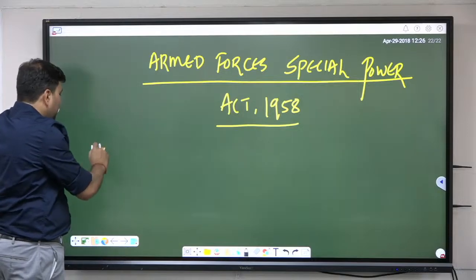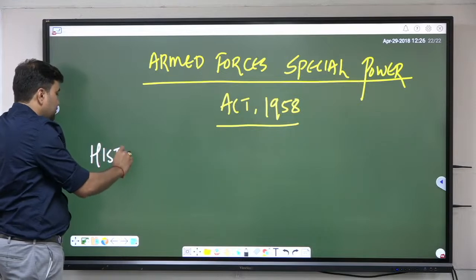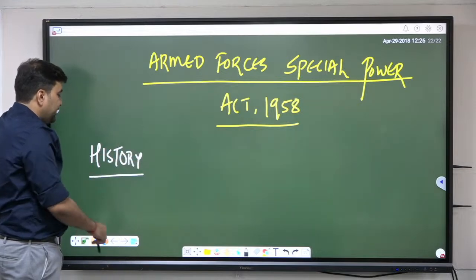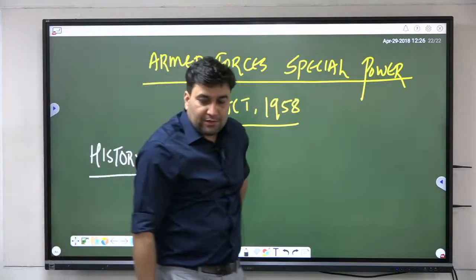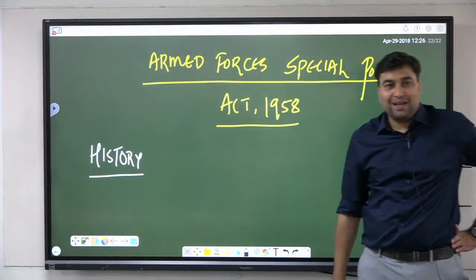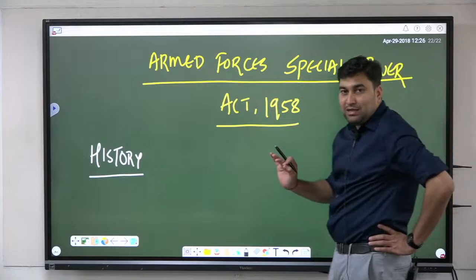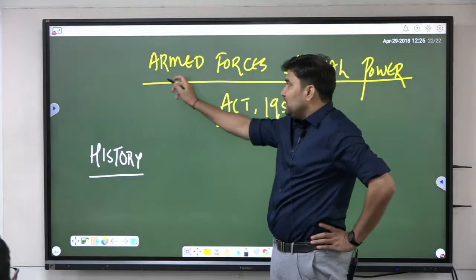You can write history as the first point, and then I'll write the aim and objective. Okay. So what is the history of this act? Armed forces, look at the name, read the name. Which are the armed forces specifically?